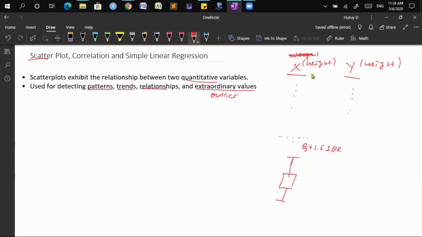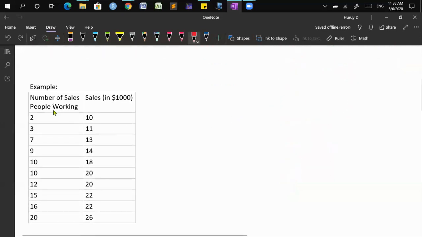But now, how do I create a scatter plot? I will use the help of StatCrunch here. I have an example here, and this data is in the first column.